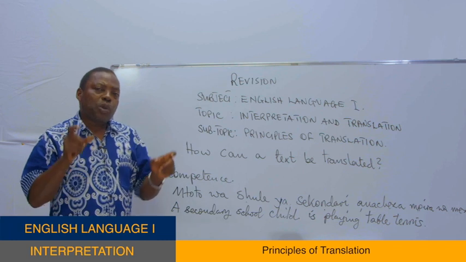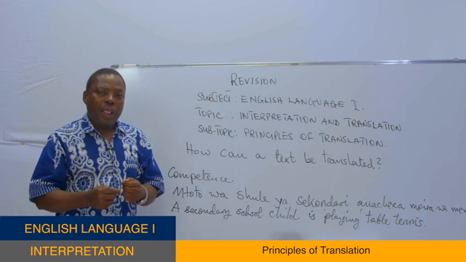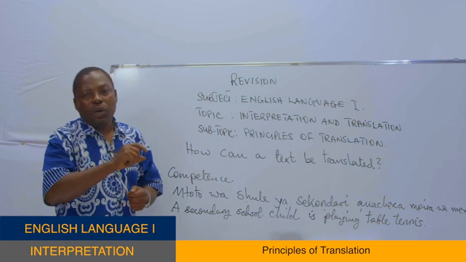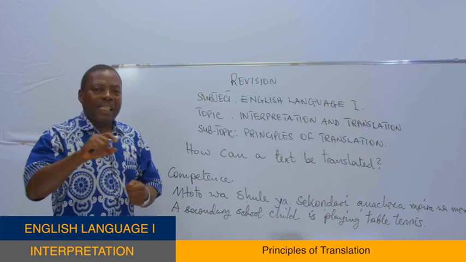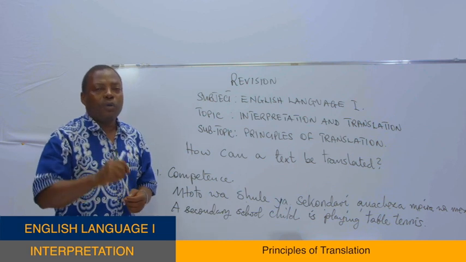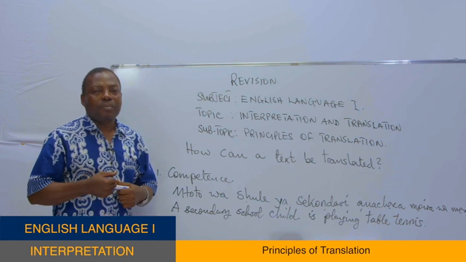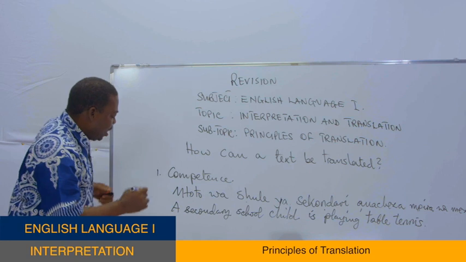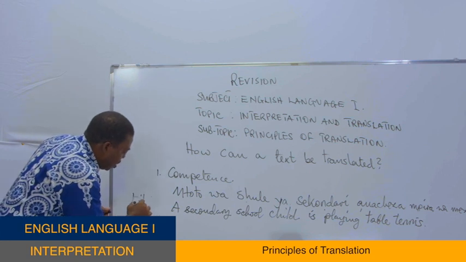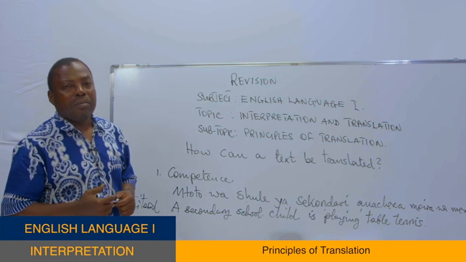Understanding the structure of the two languages will help you to know how you can organize your words to make a sentence that fits and qualifies to the language of your choice, whether it be a source language or a target language. And this kind of translation, we call it literal translation.